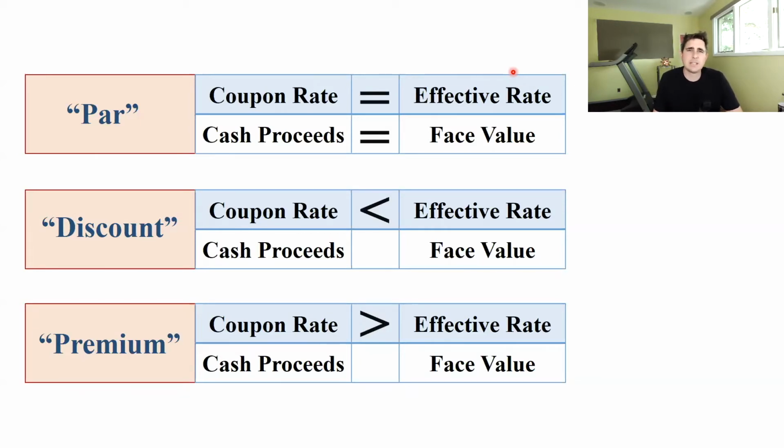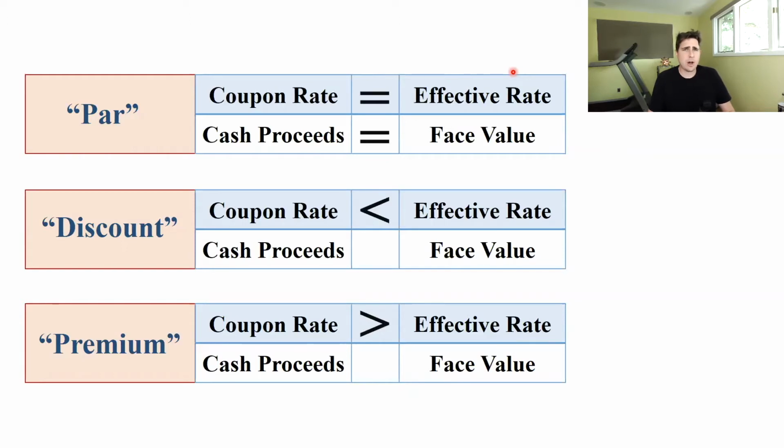Now, in the case of a discount, that's when the coupon rate falls short of the effective rate. What is a possible scenario here? Well, imagine a very risky company issuing a bond. If it's a risky company, that company might go bankrupt before making all of these bond payments. So if I'm going to lend money to a very risky company, I need a very high rate of return to make that investment worth my while.